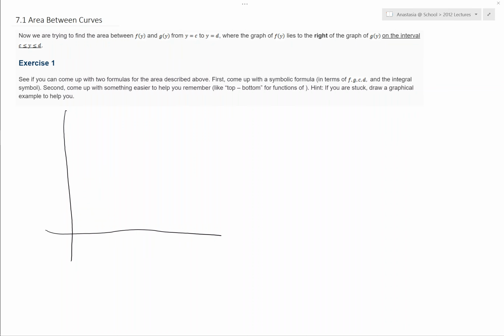sketch of the region. So we have something like x equals f of y and x equals g of y. And f of y lies to the right of the graph of g of y.